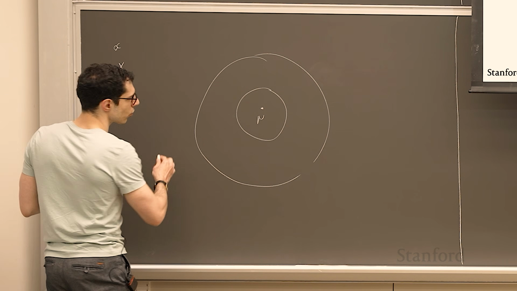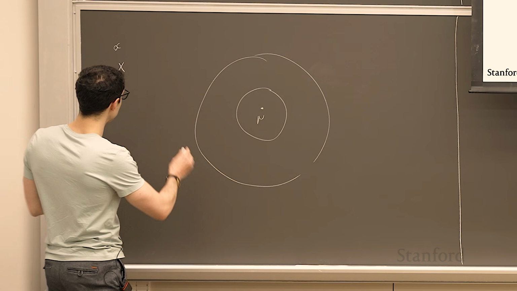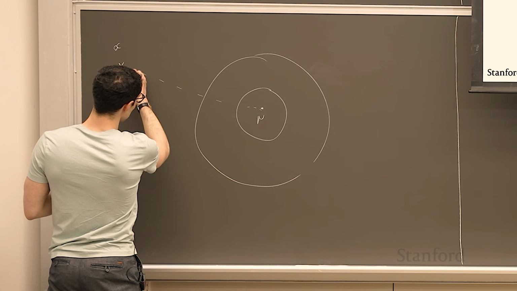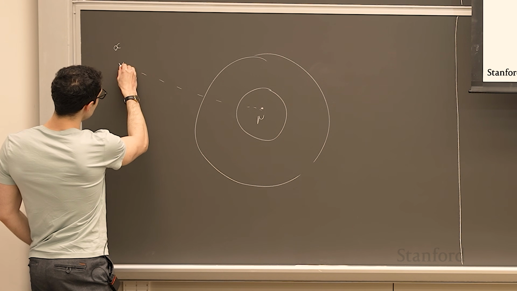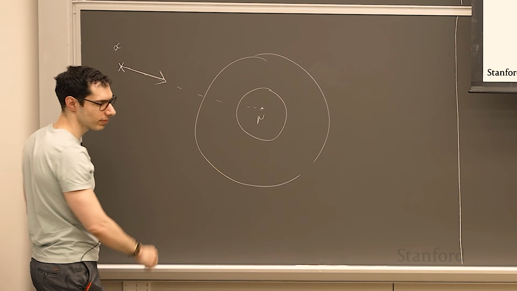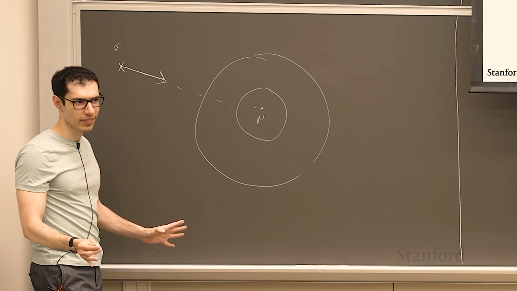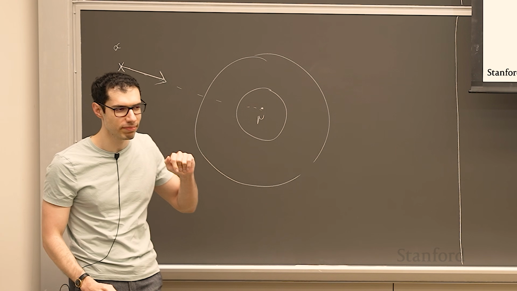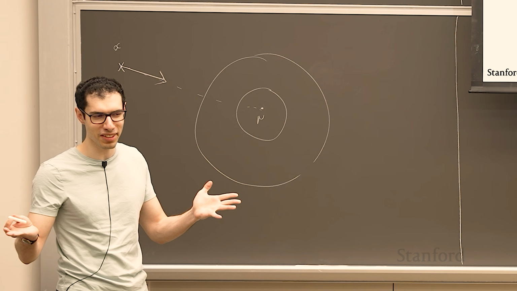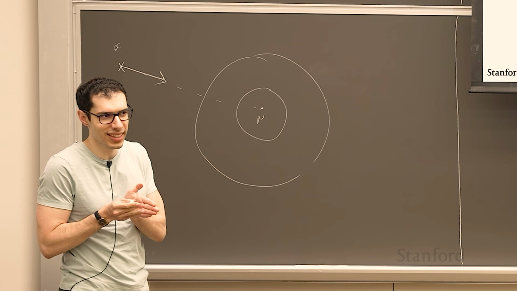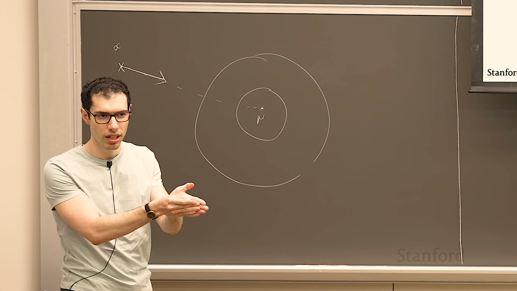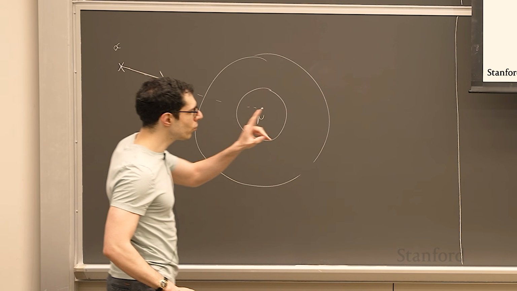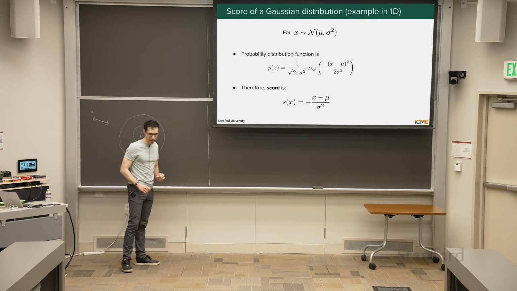Minus (x minus mu) is mu minus x, so it's going to be a straight line, somewhere like this. Sigma squared is positive, so it's going to be pointing towards the mean. And just remember that the score is a quantity that gives us the direction of higher densities in the space. So this formula makes sense.